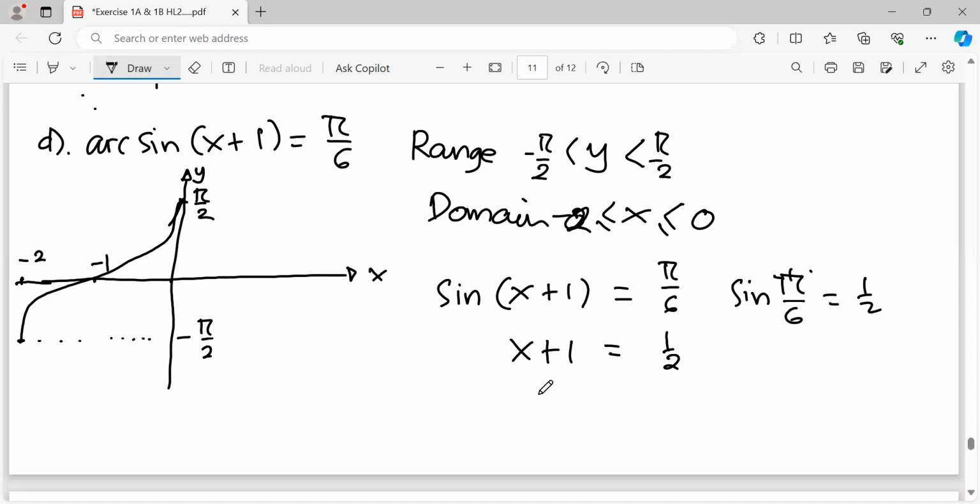So x plus 1 equals half. So x equals half minus 1, which is minus half.